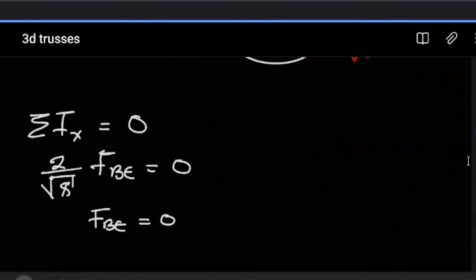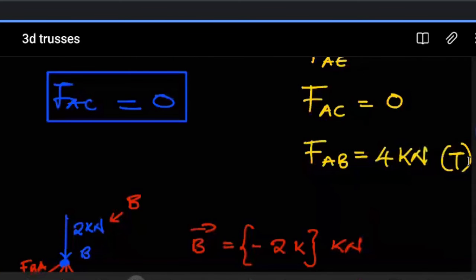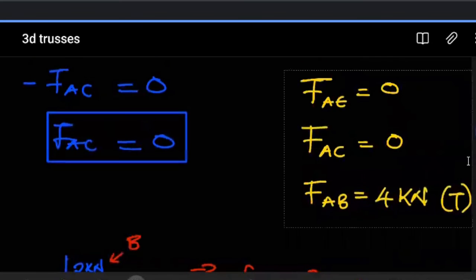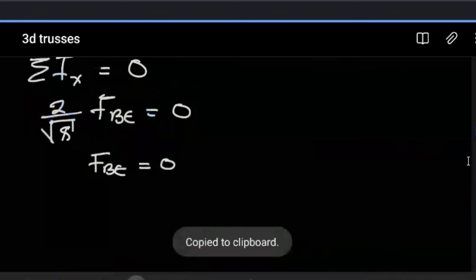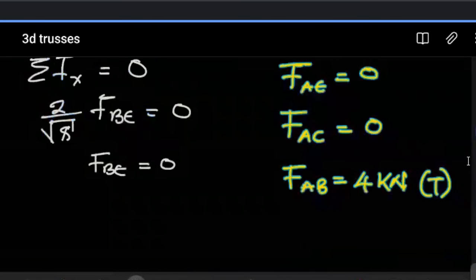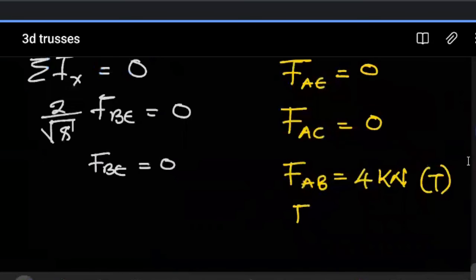So let me hold on to it, FBE. I had the other 3 taken note of, so let me add it to this set. So this is what we have, and to this, we've just found FBE is equal to 0.